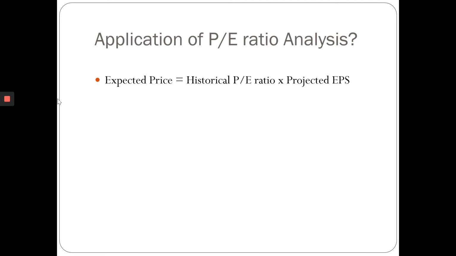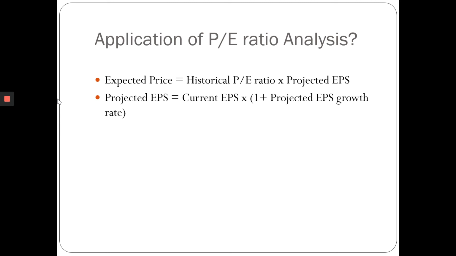If we have a projection about the earnings per share, we can multiply it with the historical average to find the expected price. So the expected price will increase in such a way that when it is divided by the projected earnings per share, the historical PE ratio will not change. That average will remain the same.